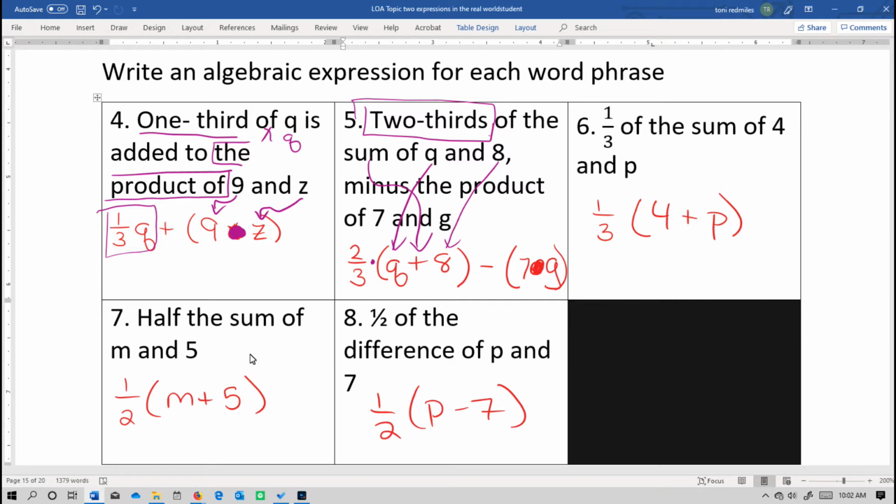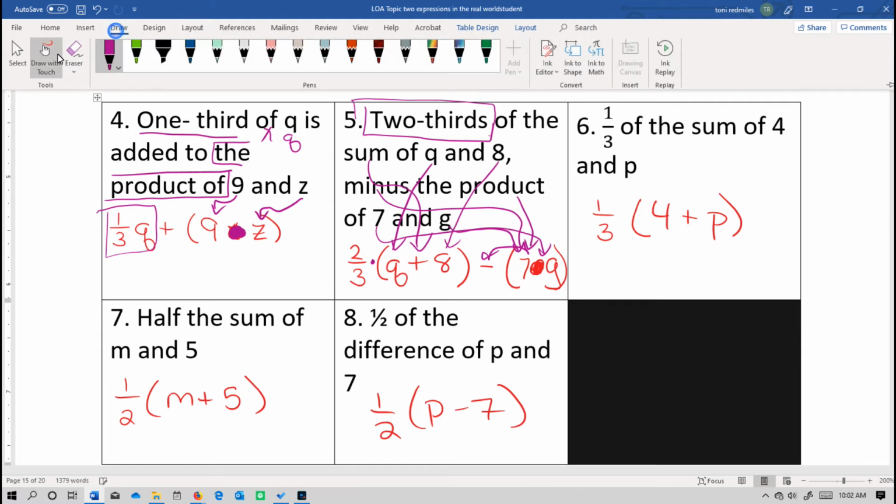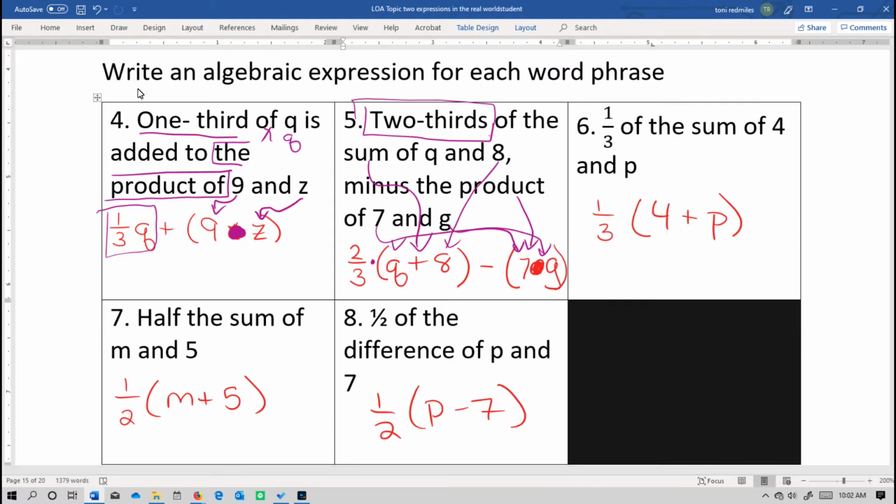Minus the product of, we have another parentheses, and that has a 7 and a G in it, but it should be minus on the outside and a product on the inside. I need to change some colors, don't I? Let's raise these arrows and get a little bit more.